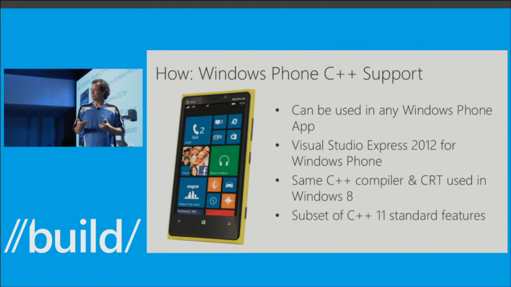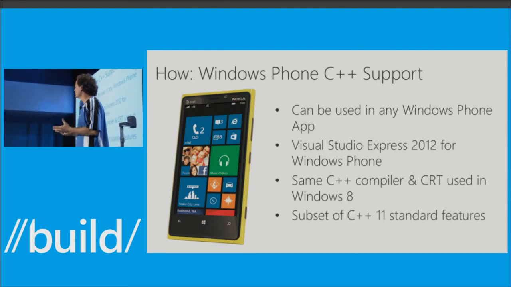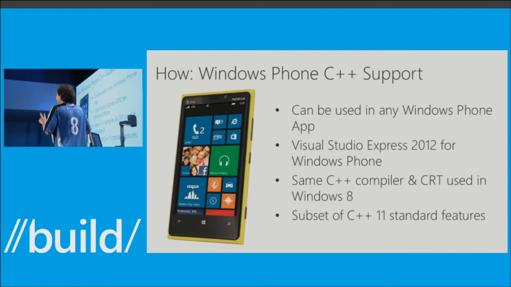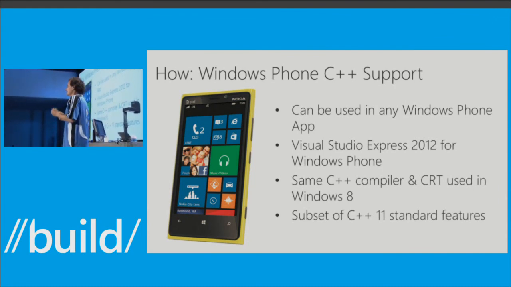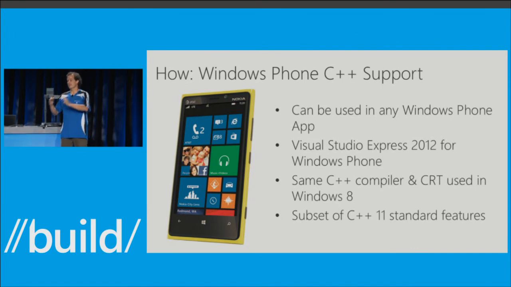To get at C++ support, you need to download the Windows Phone SDK. Visual Studio Express can be used to build C++ applications. Next, the same C++ compiler and CRT is used on Windows and Windows Phone.